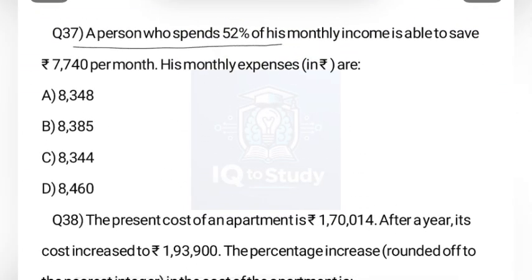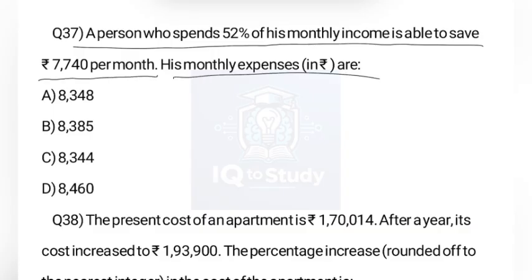A person who spends 52% of monthly income is able to save 7,740 per month. His monthly expenses are: if he spends 52%, then savings is 100 minus 52, which is 48%.